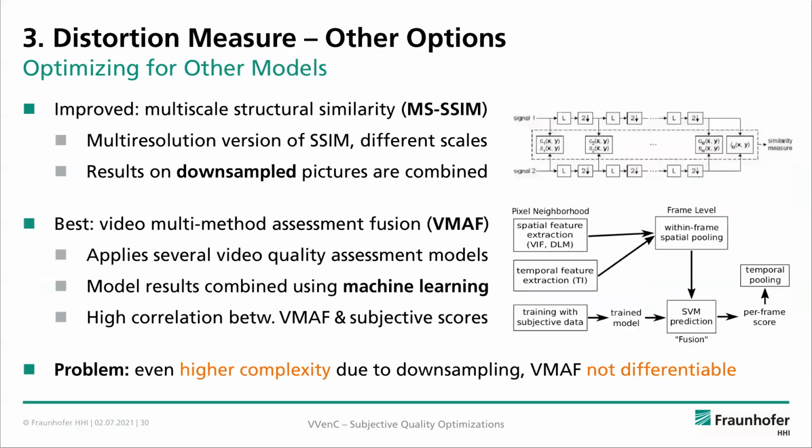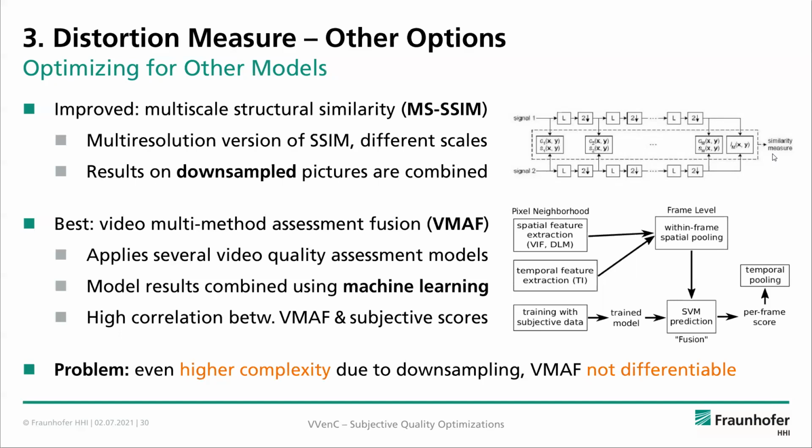For completeness, I would like to mention two other options that are available for optimization. One is an improved version of the SSIM approach called multi-scale structural similarity, or MS-SSIM, where the input and reconstructed images are downsampled and multi-resolution SSIM calculations are performed and later combined.